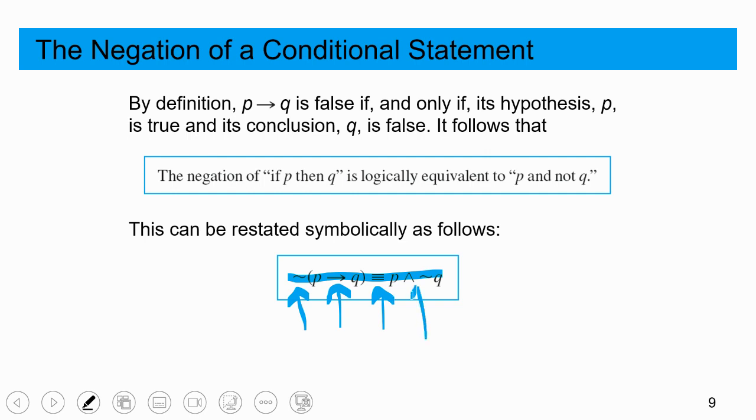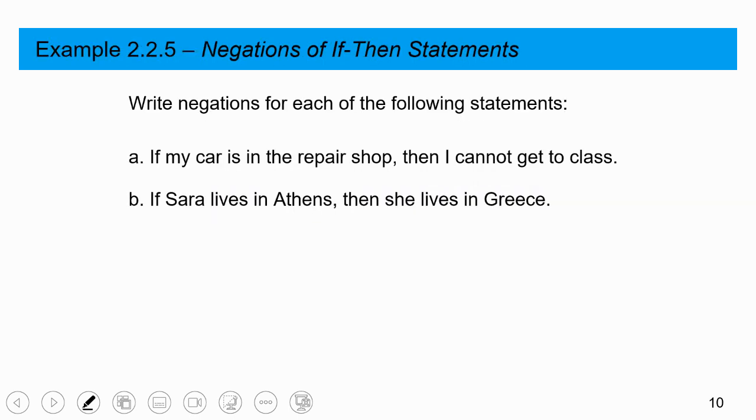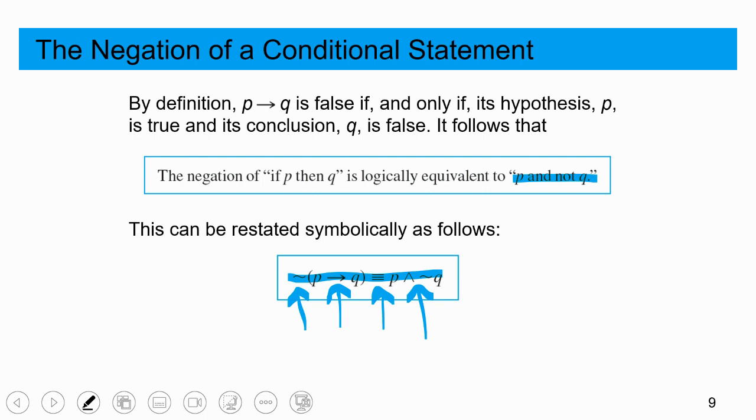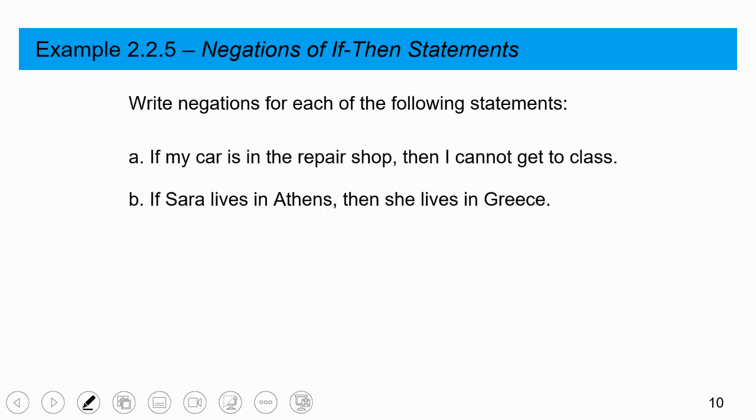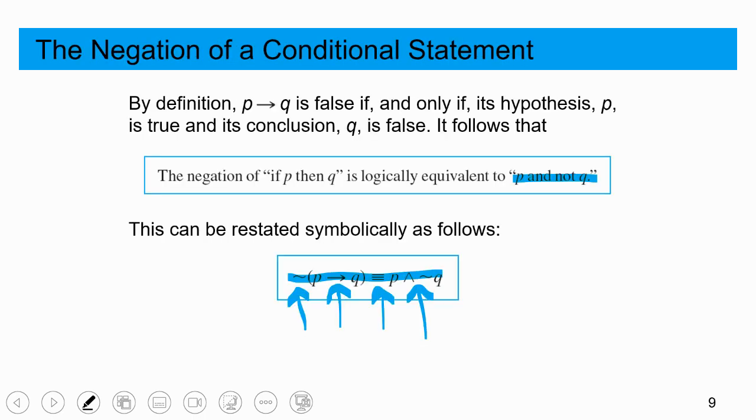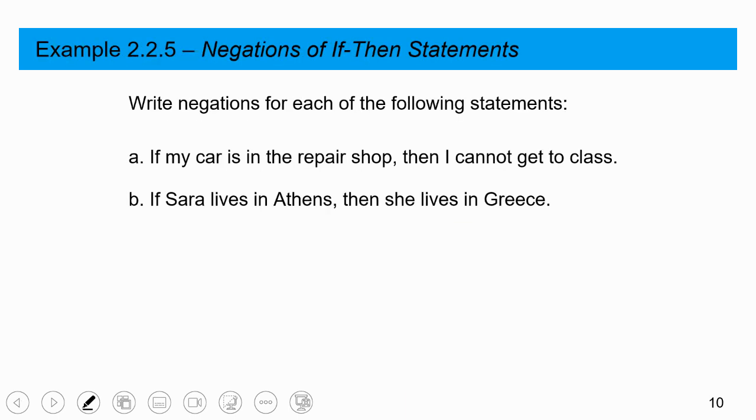And then here's our statement, P and not Q. So using that, try to write negations for each of the following statements. So I encourage you to pause the video and see if you can use this little formula to write the negations of these conditional statements.